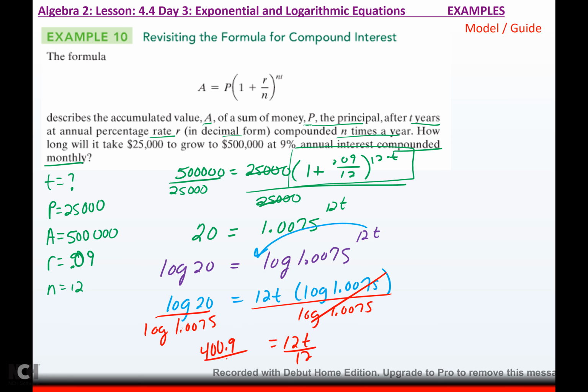Divide by 12, and I get time is 33.4105888. What did it tell me to round to? How long will it take? It doesn't say, so it's going to take approximately 33 years. Huh. That'd be kind of cool. Alright.